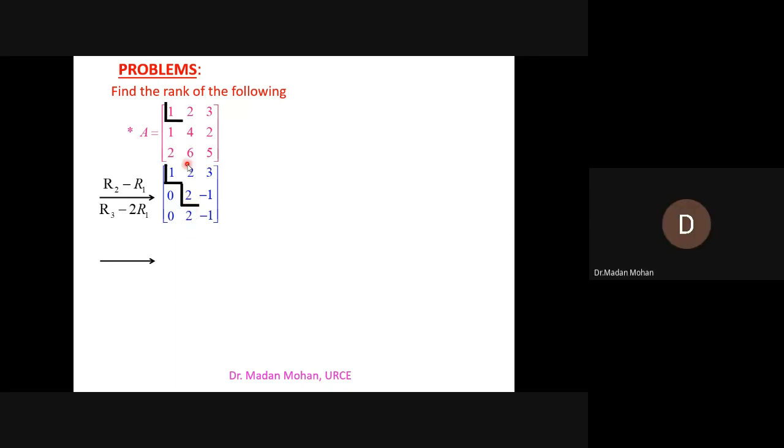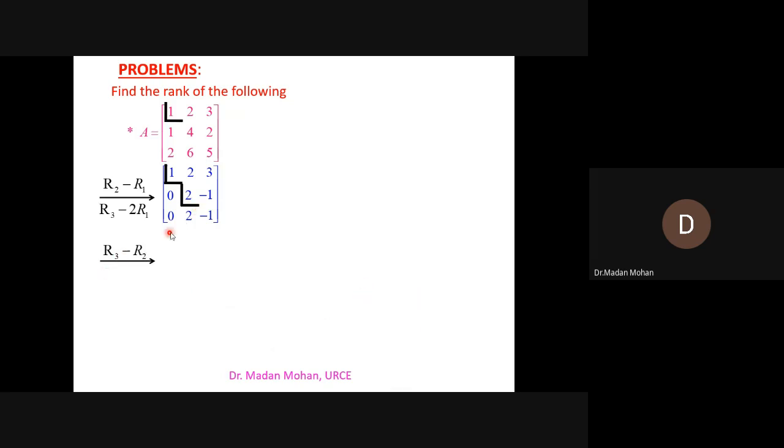Can I use R3 minus R1? No. Why? It will be disturbed. Whatever operation you are selecting, the zeros which we already got should not be disturbed. Without disturbing them, you should always select the operations. Hence, R3 minus R2.